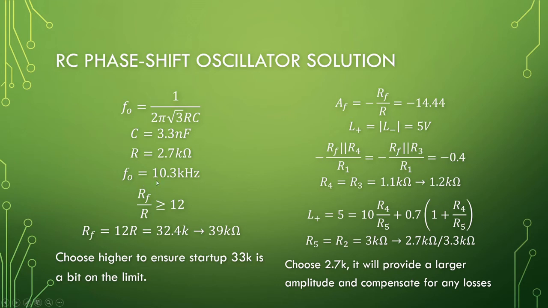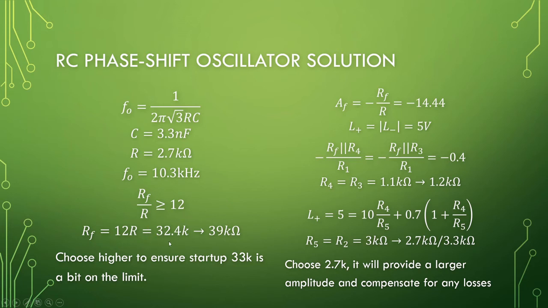But remember that your component choices will have an influence on the frequency. Okay, RF over R should be larger than 12. So R was 2.7 kilohms.